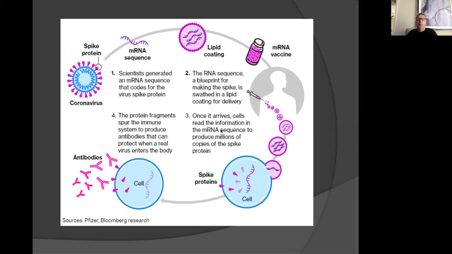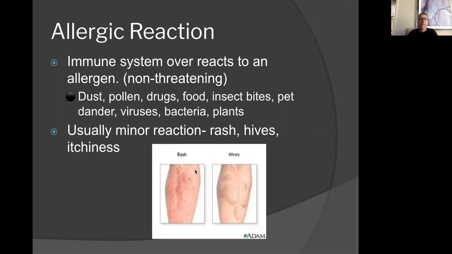Once arrived, it reads the information just like a normal mRNA, and then it will make millions of copies of that spike protein, and that's going to go through that process and make those antibodies to attack the coronavirus. So that's how that works.